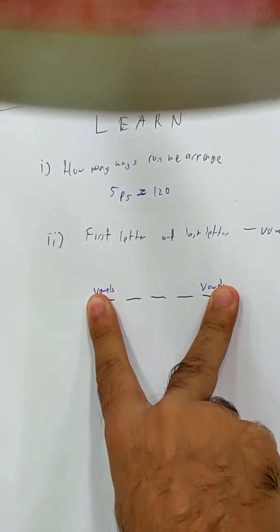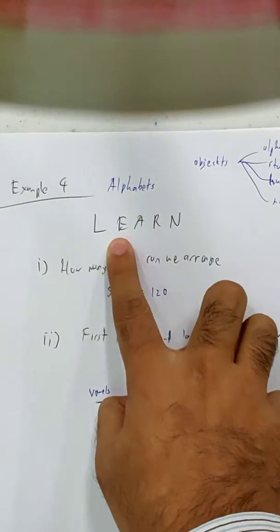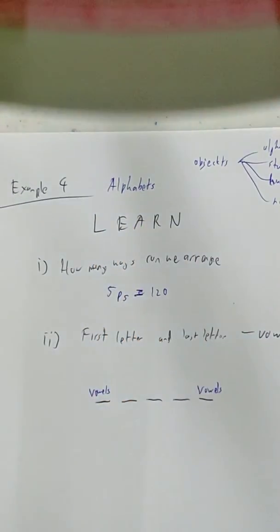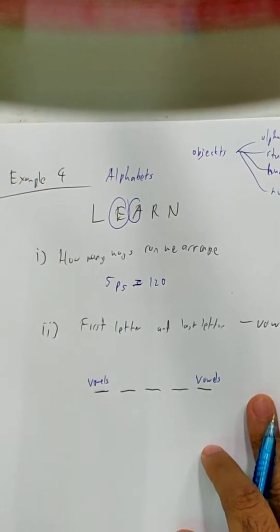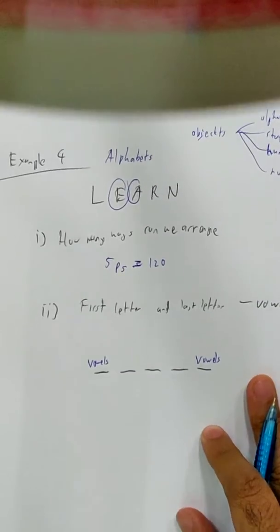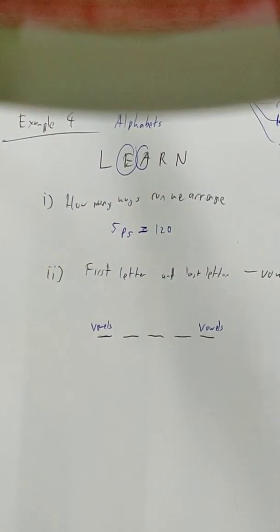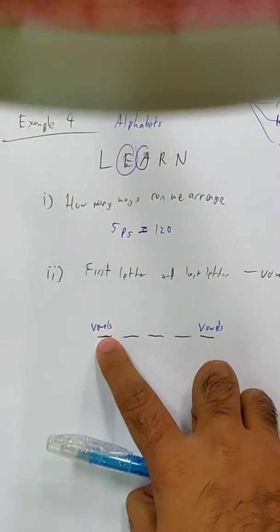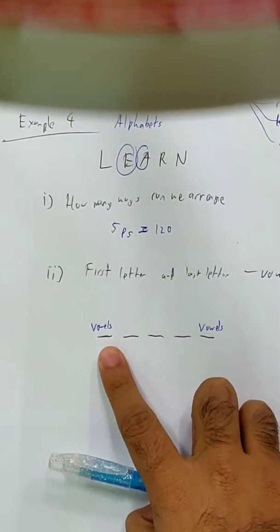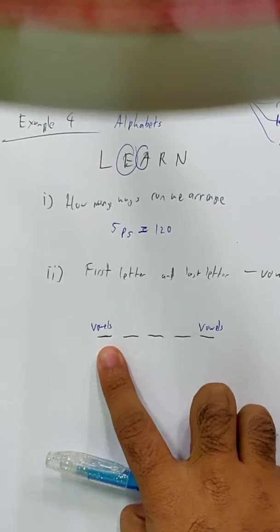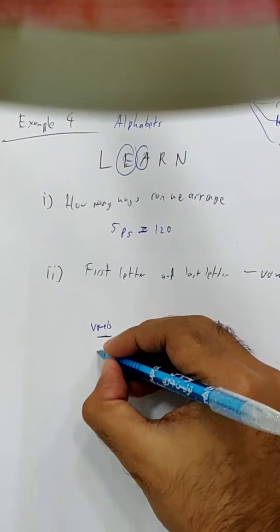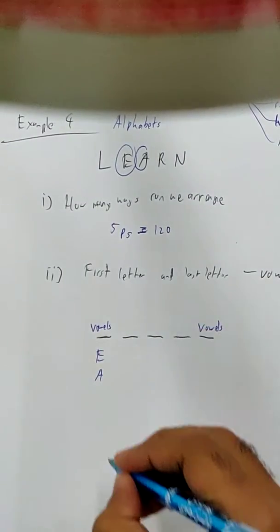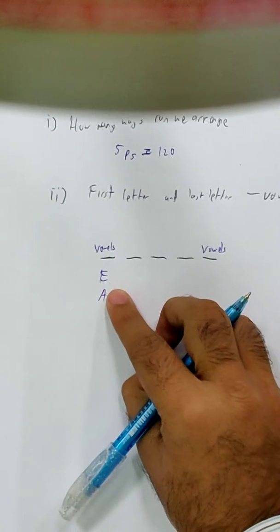How many vowels do I have from here? Only 2. E and A are my vowels. How many choices do I have over here? 2. It's either E or A. Only one of them can be there.